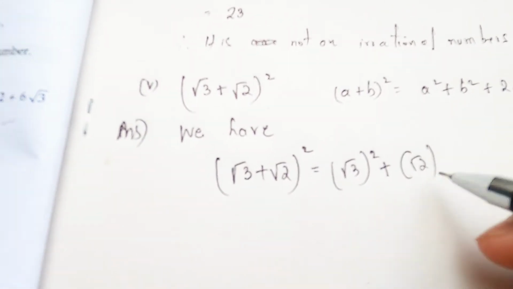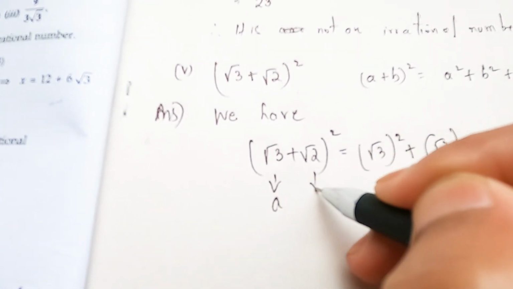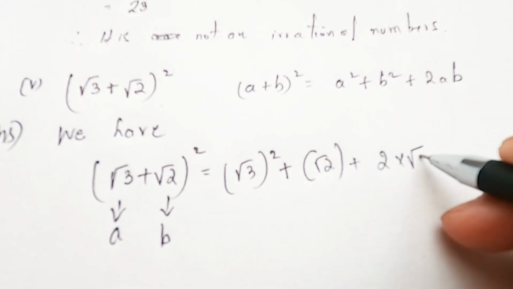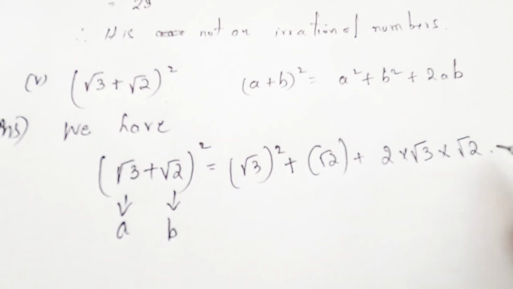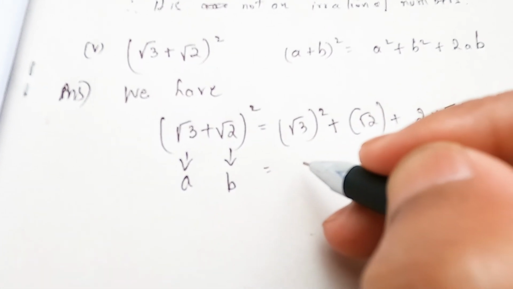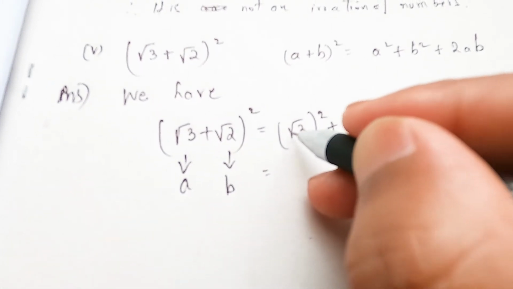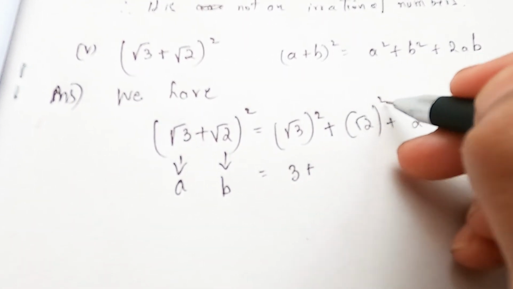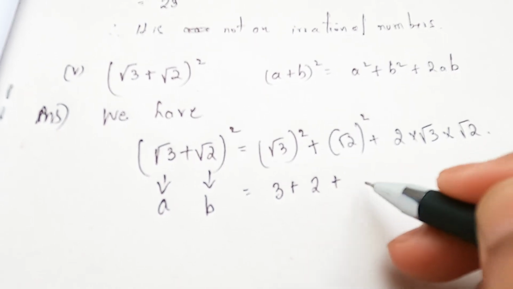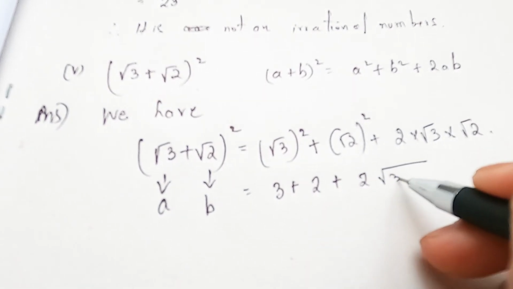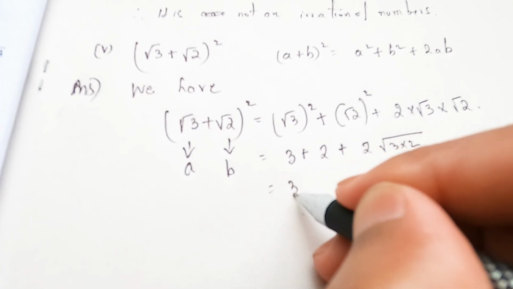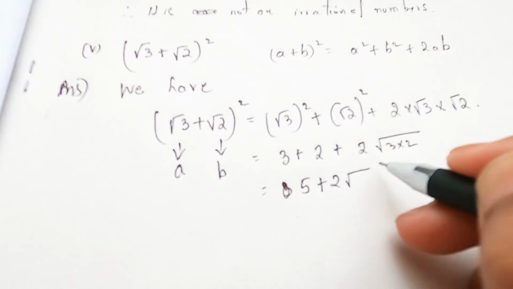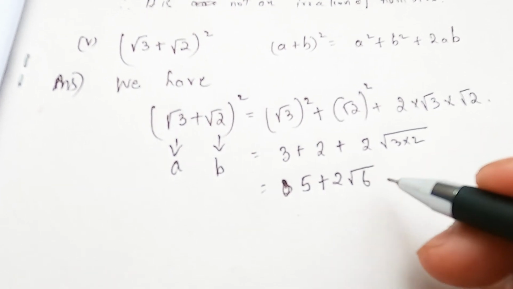So you write we have root 3 plus root 2 whole thing to the power square is equal to a square plus b square, so this will be a and this will be b, plus 2 into root 3 into root 2. So in this case root 3 square will be 3, root 2 square will be 2, plus 2 into root 3 into root 2. So it will be 3 plus 2 which is 5, plus 2 root 6.